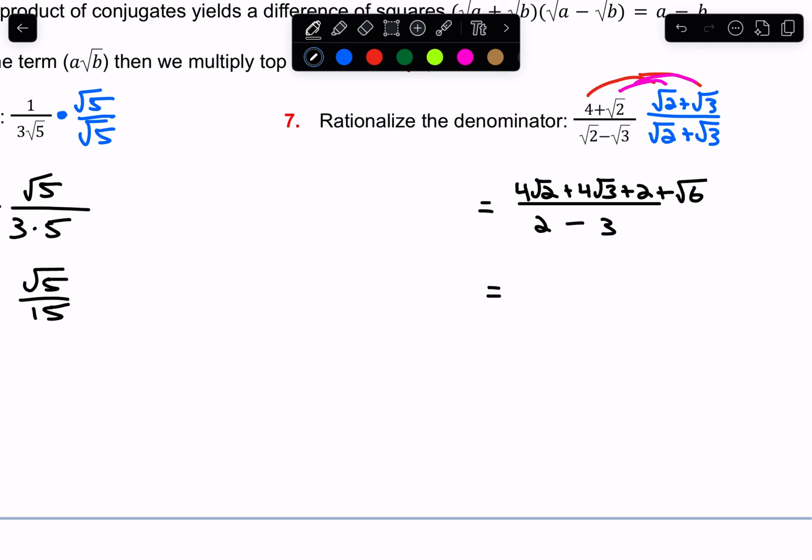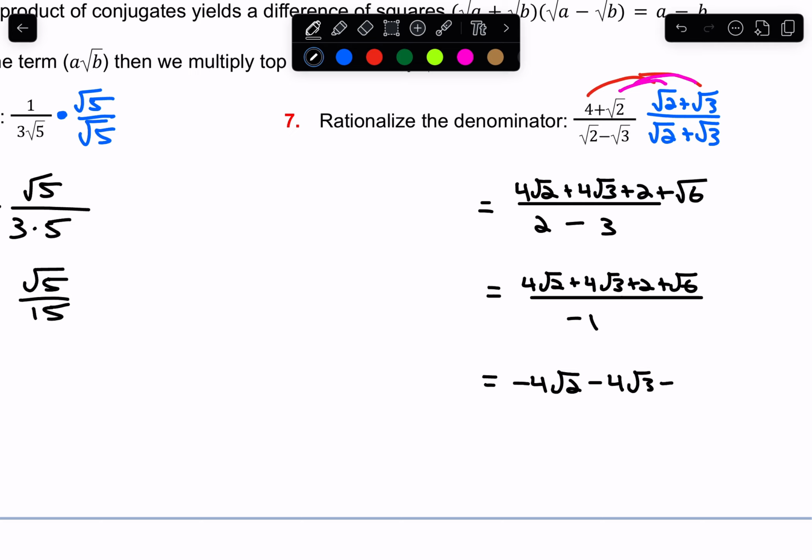When we simplify this, the denominator is just -1, and the numerator actually doesn't simplify at all. So I'm going to write it exactly the same. 4 square root 2 plus 4 square root 3 plus 2 plus square root 6. I know, real ugly, but that's okay. And because we have a negative in the denominator, we can move that negative to the top, and all of our terms on the top are going to become negatives of what they were before.